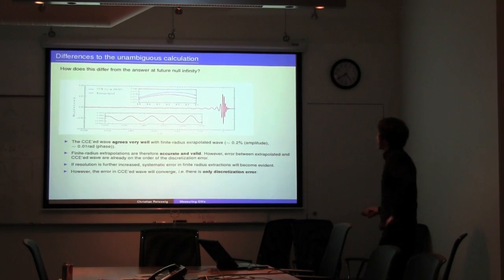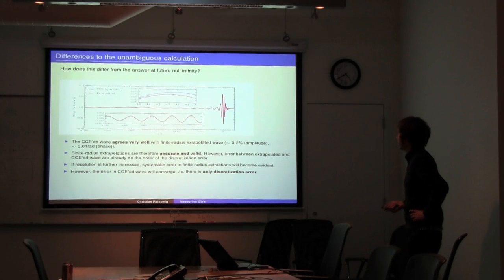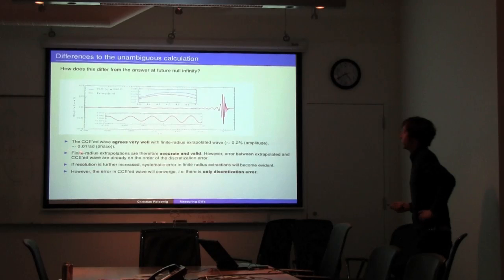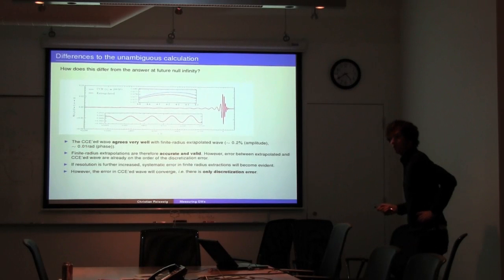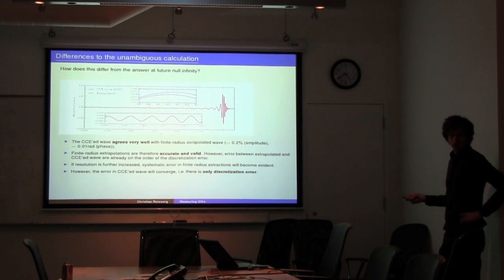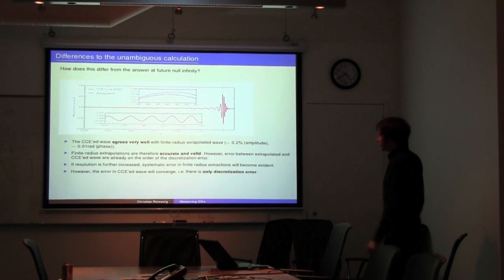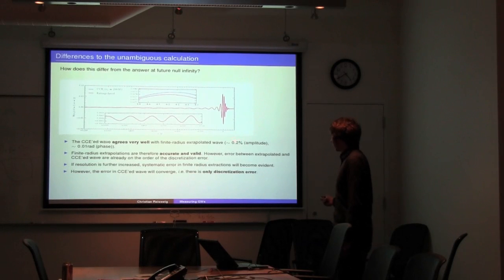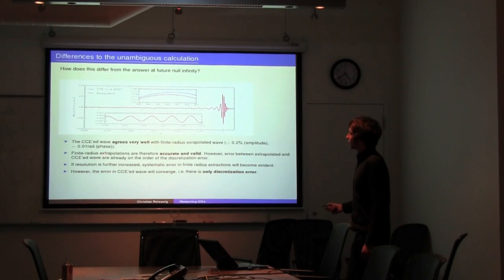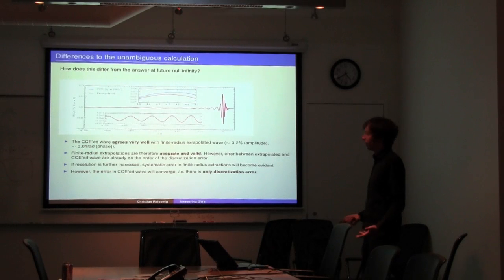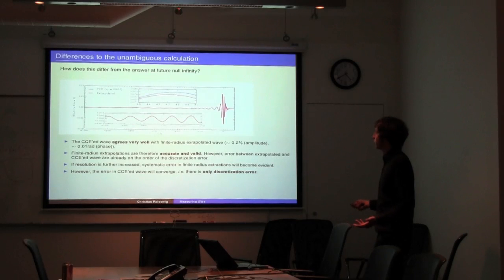If you look at the differences, you will find that there's a difference of 0.2% in amplitude and a dephasing of 0.01 radians in phase, which is one order of magnitude larger than the error between the two different world tube locations. Also, interestingly, this error is already of the order of magnitude of numerical error in current binary black hole simulations.